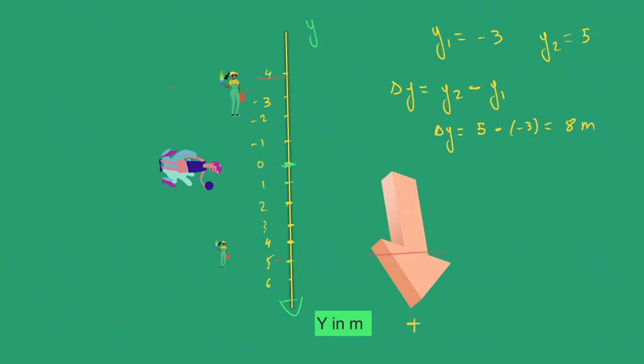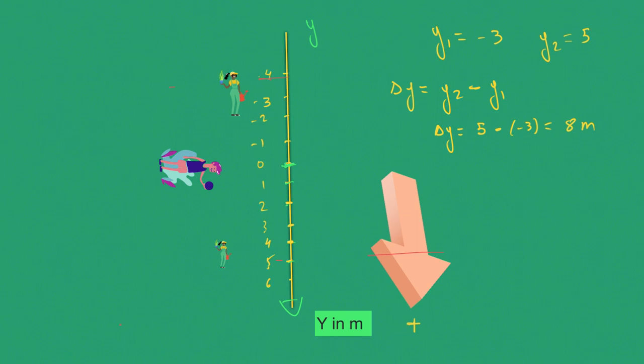Now imagine we choose another observer, this one at the 0, but he decides to choose the positive direction going downwards. So this is the positive direction going downwards.